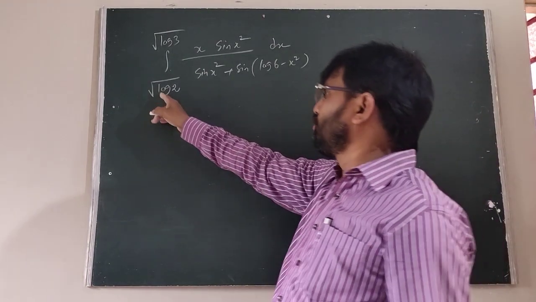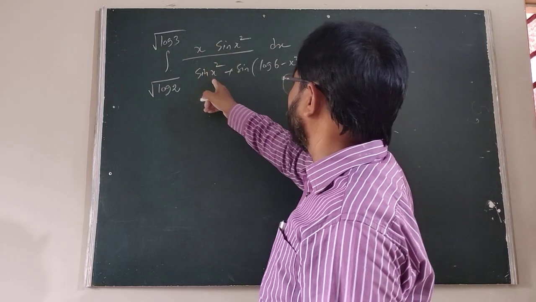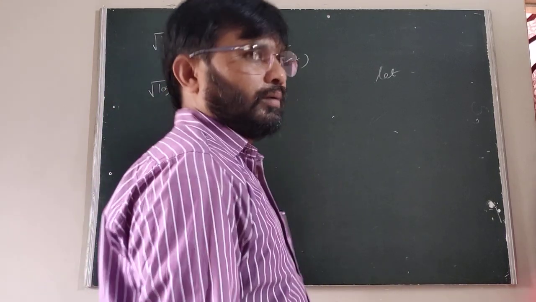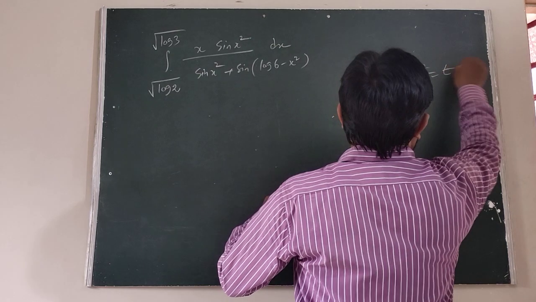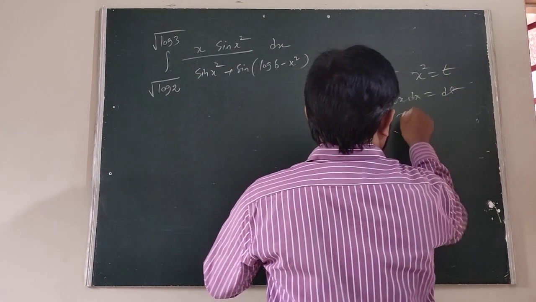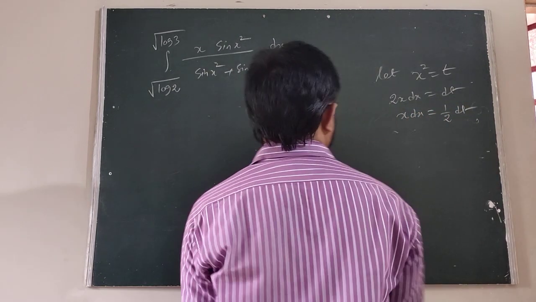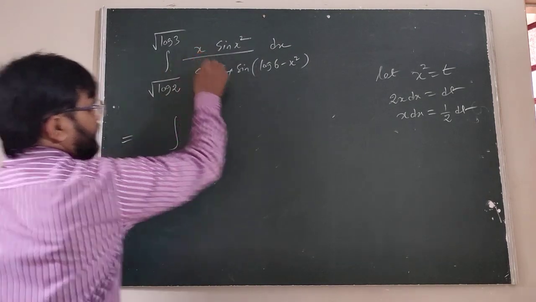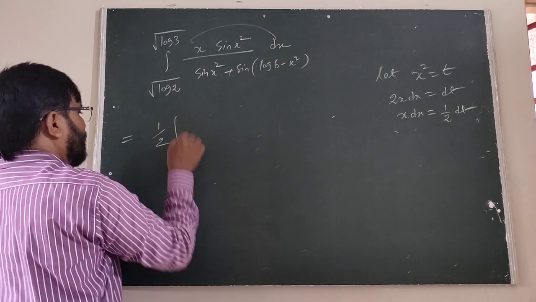Integral from root log 2 to root log 3 of x sin x square, sin of log 6 minus x square. We take x square equal to t, so 2x dx equals dt, and x dx is 1 by 2 dt.